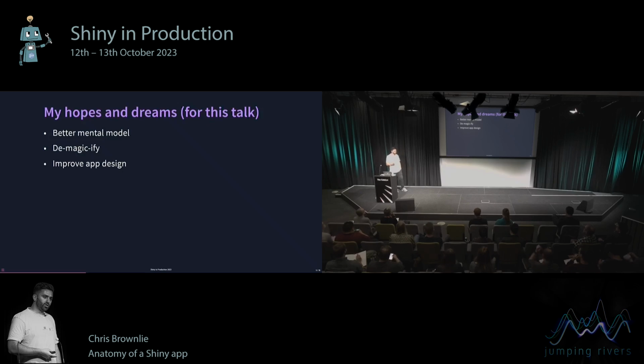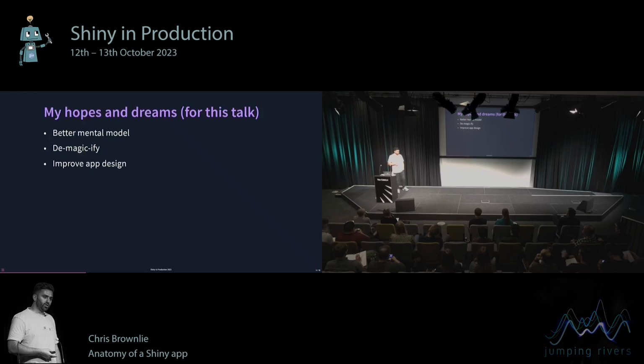Shiny purposely abstracts away all of the complexity of building a web app and makes it very easy for new people to get started. But that does mean that you can end up building very, very complex Shiny apps without really understanding what's going on under the surface. So hopefully this will help rectify that a little bit.